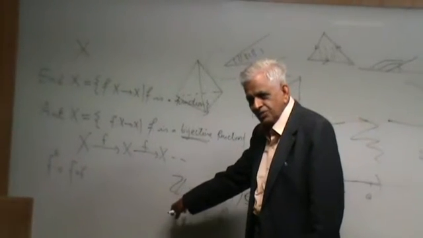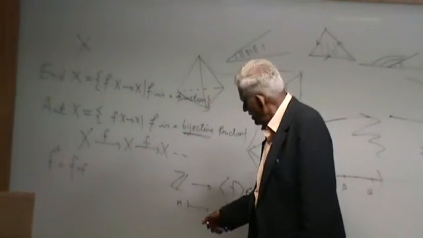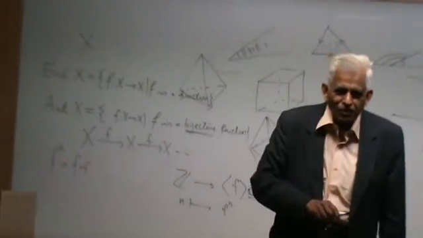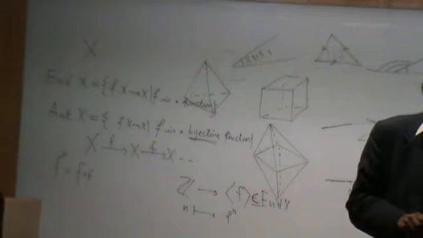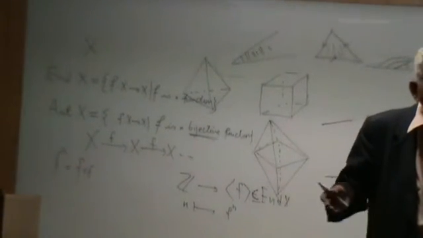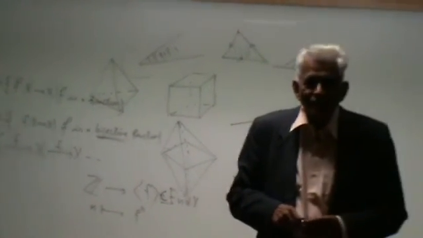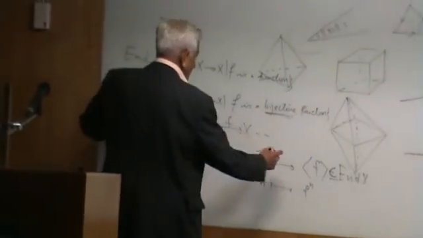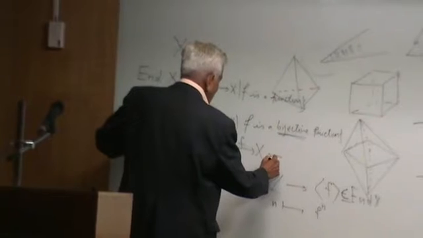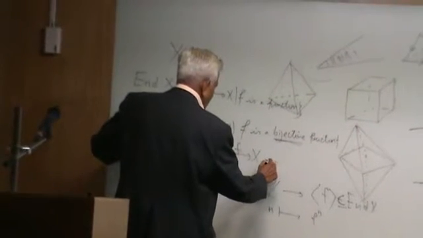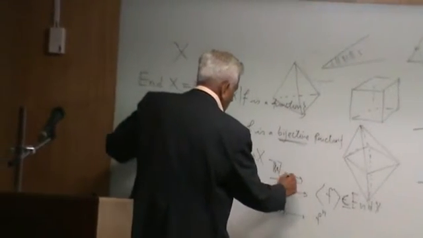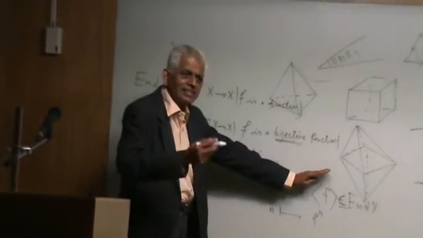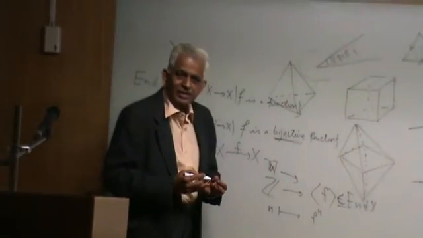You add these two numbers here. So n plus m will go to f to the n followed by f to the m, and that is the same as f to the n plus m. And so this is in case the f is bijective. Otherwise, for the whole numbers, you can talk only about the function and its iterates. You cannot take the inverse.